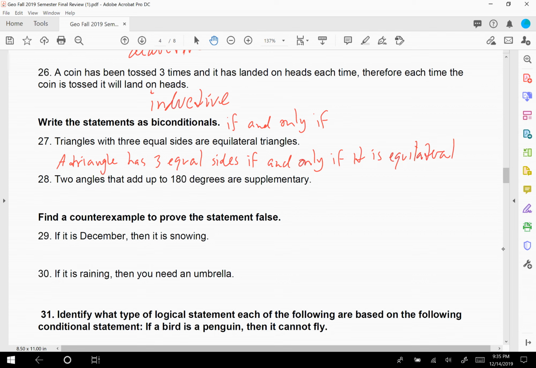Okay, here we go. 2 angles that add up to 180 degrees are supplementary. 2 angles add up to 180 degrees if and only if they are supplementary.